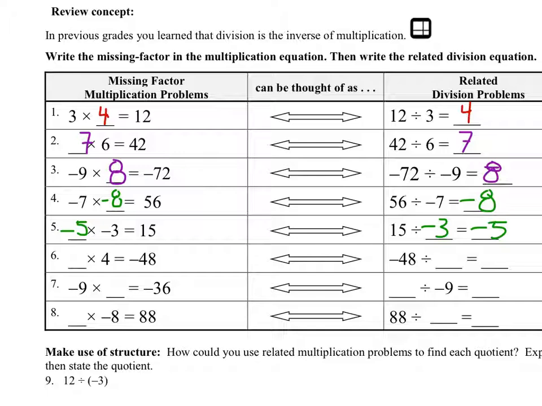Wait, okay, there's 6. Something times 4 equals negative 48. So, first I'm just going to take out this negative. Out of negative 48, I'm going to take out the negative for a second, and I'll put it back soon. And I'm going to find out what 4 times what equals 48.